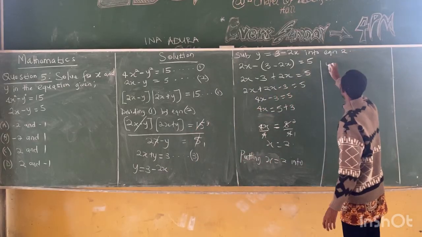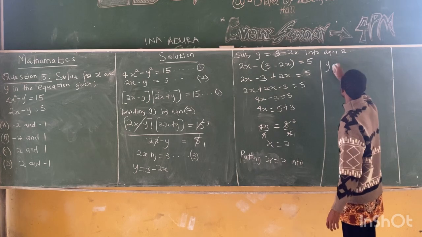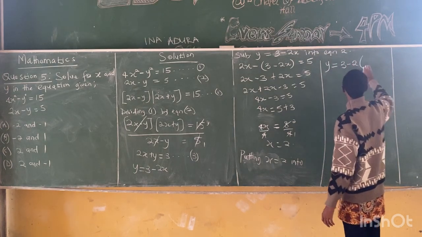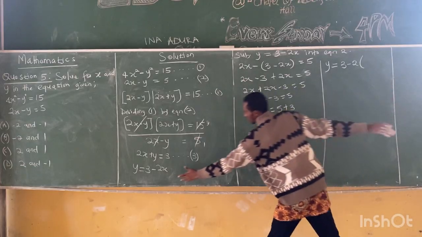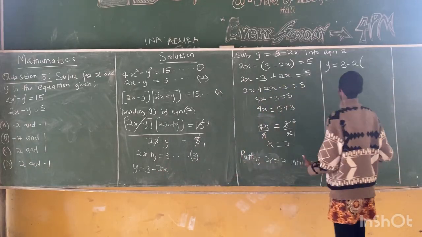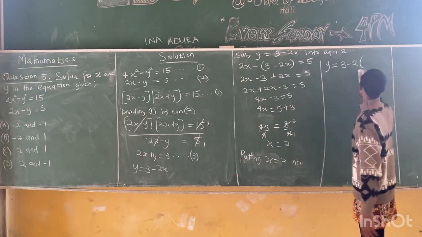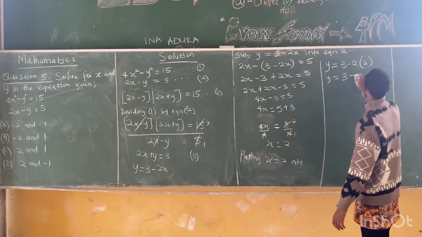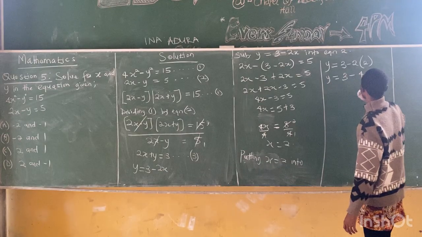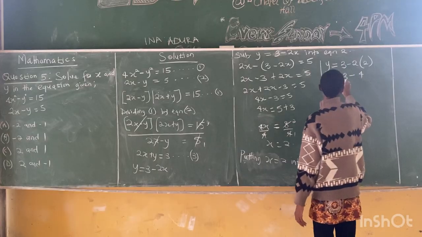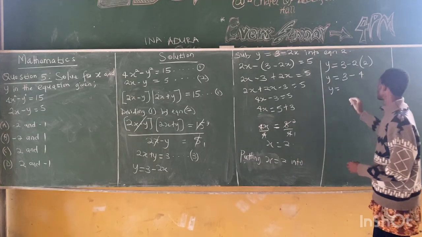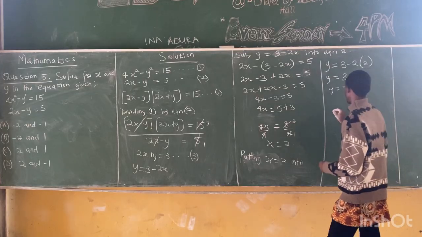We have y is equal to 3 minus 2x. Instead of writing x, we put 2. y is equal to 3 minus 2 times 2, which is 4. y is equal to 3 minus 4, which gives us minus 1.